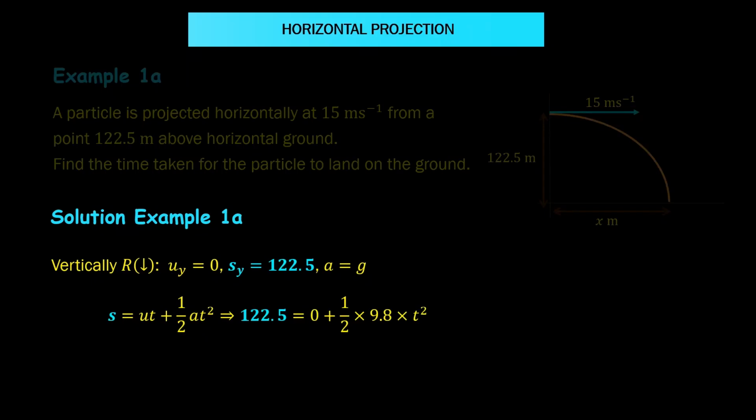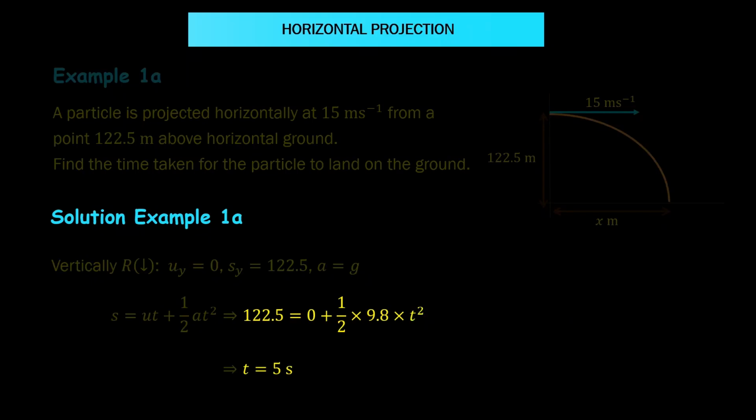So plugging in the distance, 122.5, plugging in the initial velocity, ut, so of course 0 times t, plus a half times 9.8, which is g, and t squared stays as it is. Tidying up, we obtain that t equals 5 seconds.